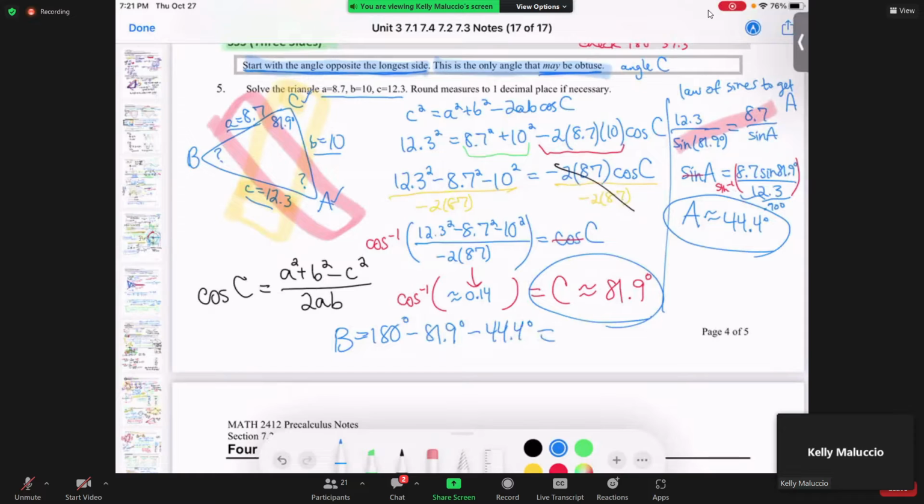And so B should be about 53.5. So in this problem, they gave us every side, and our answer provided every angle, A, B, and C.